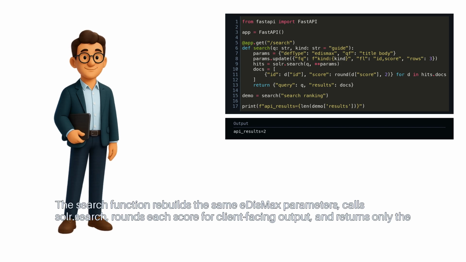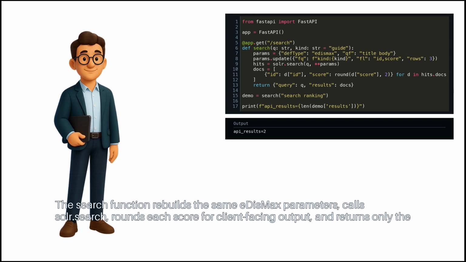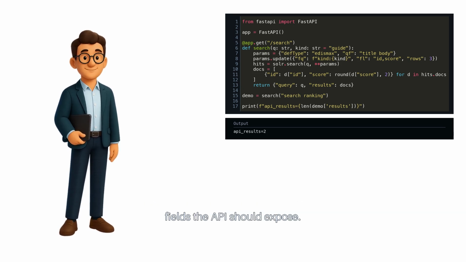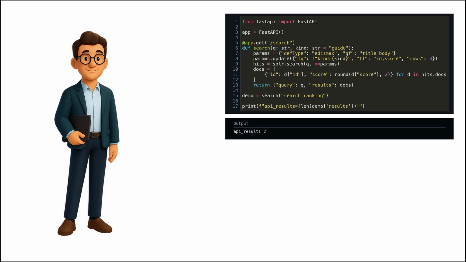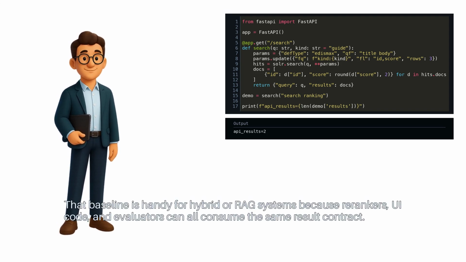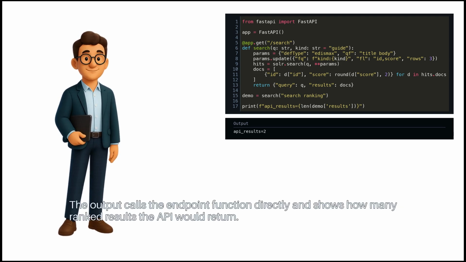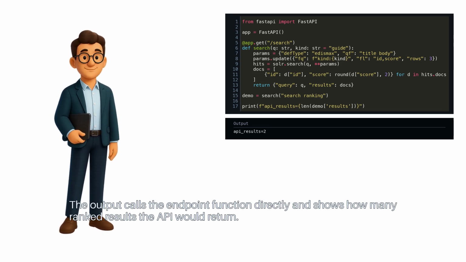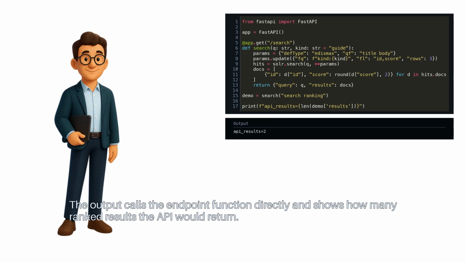The search function rebuilds the same eDisMax parameters, calls Solr search, rounds each score for client-facing output, and returns only the fields the API should expose. That baseline is handy for hybrid or RAG systems because re-rankers, UI code, and evaluators can all consume the same result contract. The output calls the endpoint function directly and shows how many ranked results the API would return.